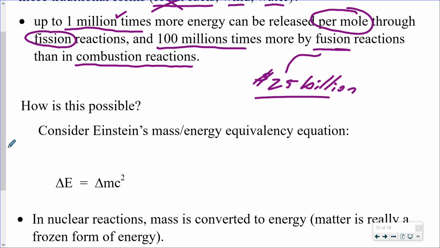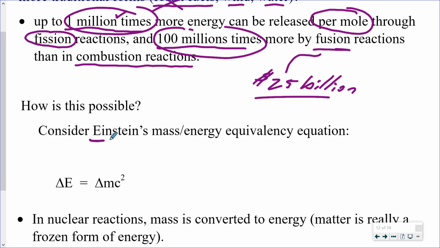And this would be ideal because with our nuclear fission reactors, we do have radioactive waste that is generated that does need to be stored for long periods of time. And in the case of nuclear fusion, if we could figure that out, there wouldn't be any nuclear waste that is generated through that. So how can we get this huge amount of energy that is generated through nuclear reactions?